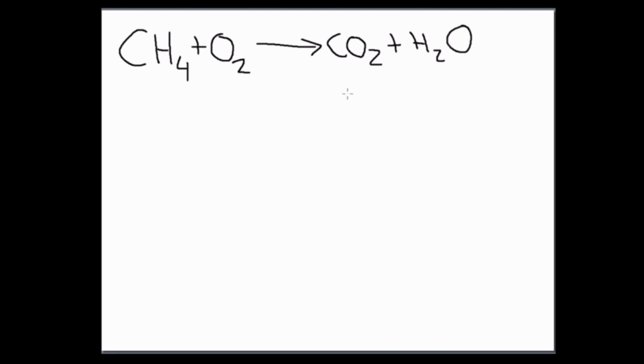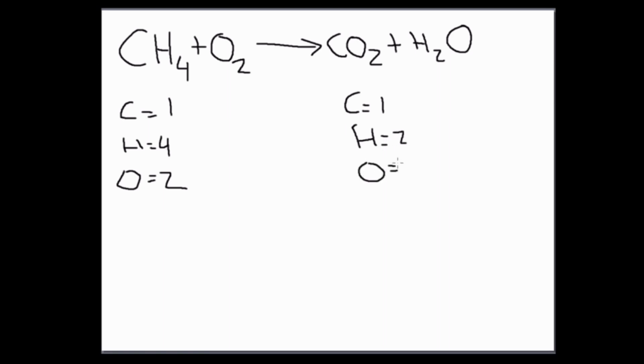The easiest way to balance an equation is to just count. So on this side, there's 1 carbon, 4 hydrogens, and 2 oxygens. And then on the product side, there's also 1 carbon, there's 2 hydrogens now, and there are 3 oxygens.